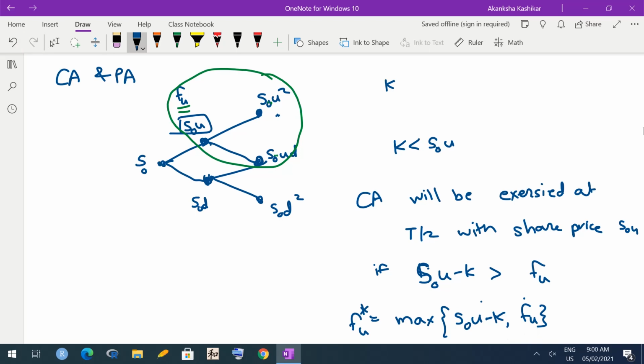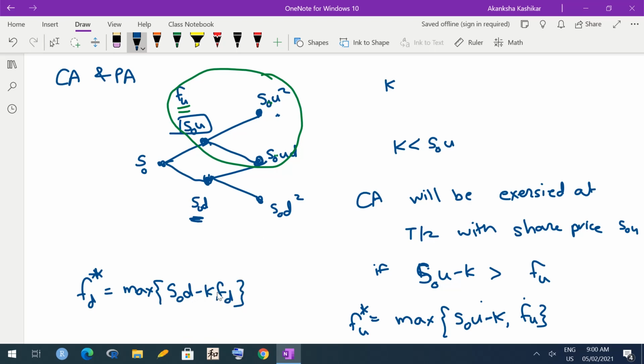Okay. Similarly, when we talk about this time point, we introduce FD star. So FD star is maximum of S naught D minus K comma FD.